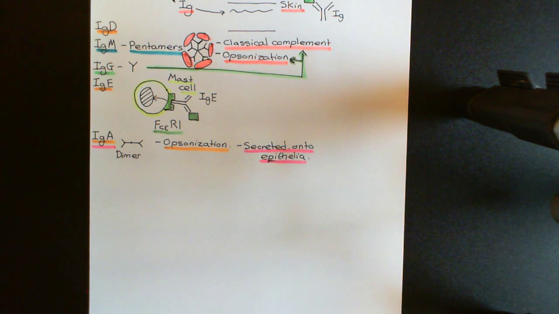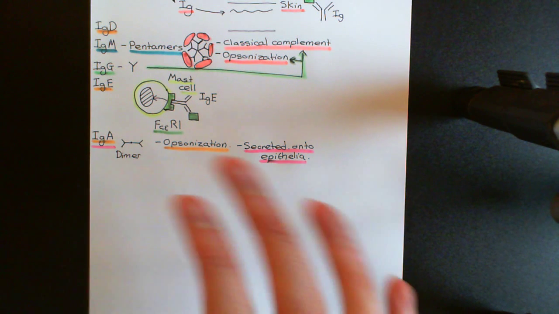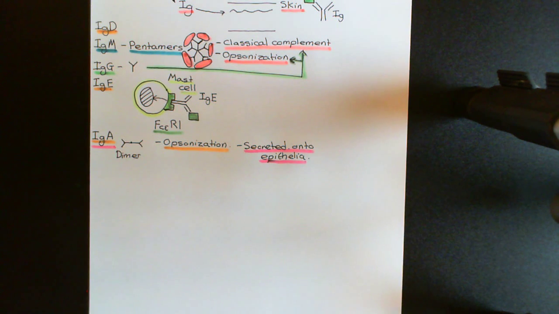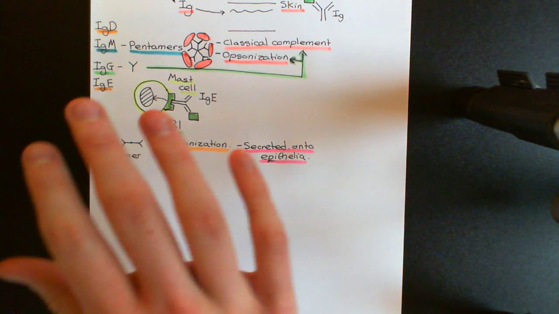Right, so we have almost then finished our discussion of the adaptive immune response. What I do just want to say now is a few little words about how the adaptive immune response terminates. So we've now seen the humoral adaptive immune response, which has resulted in the production of all of these immunoglobulin molecules in different ratios.